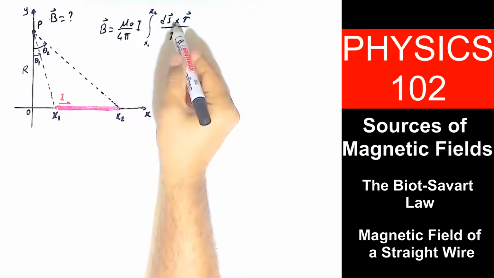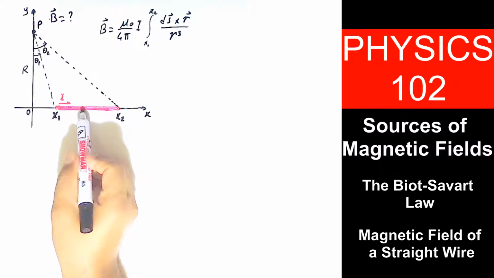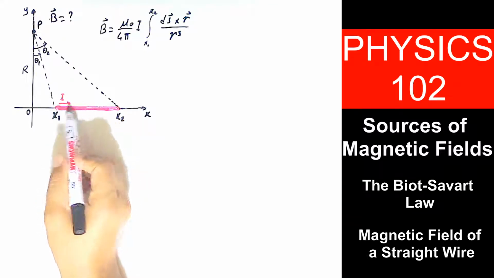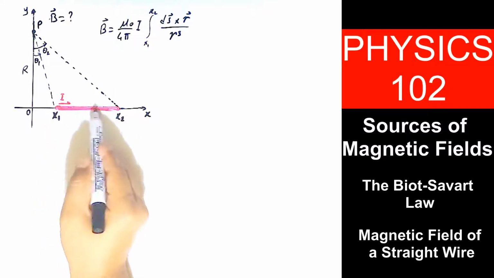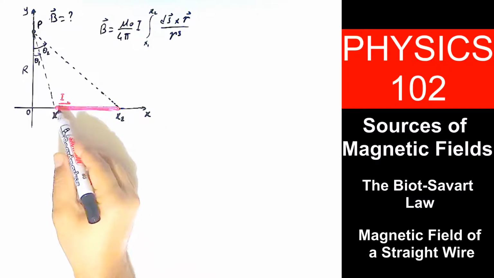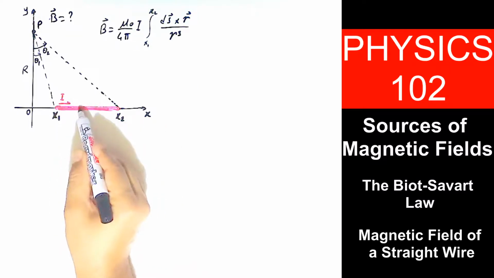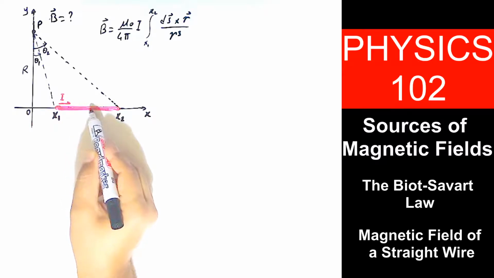So ds is any infinitesimally small length element on the wire. Since the wire is located on the x-axis and is a straight wire, you divide your wire into very small, infinitesimally small length elements.